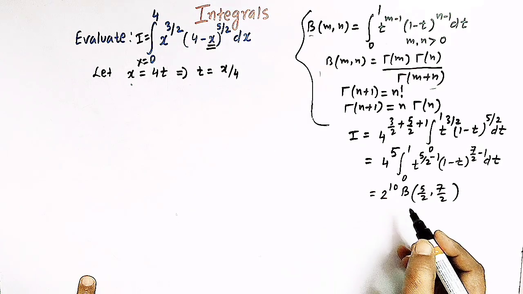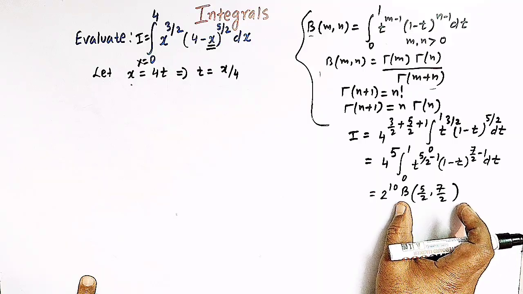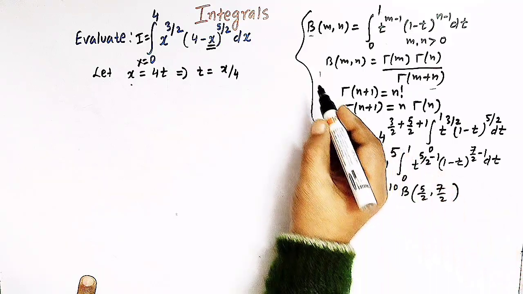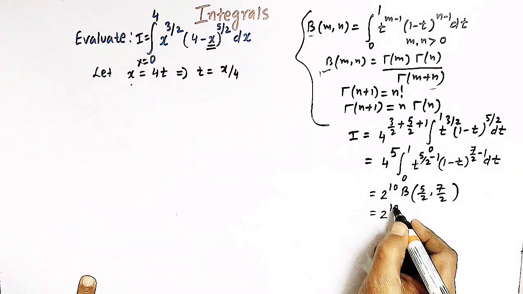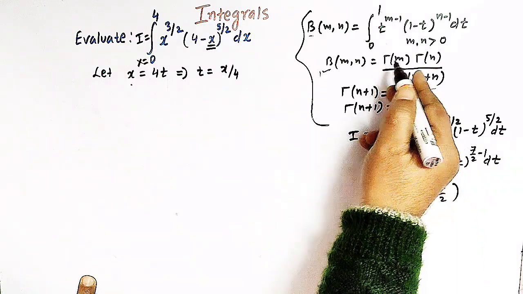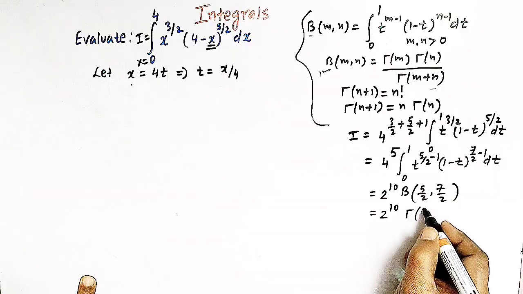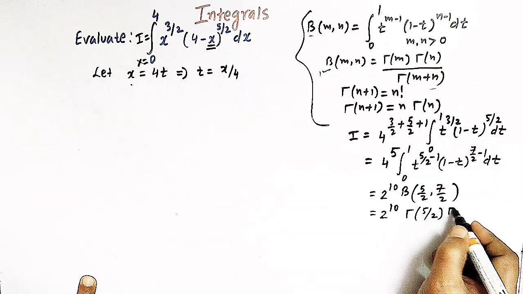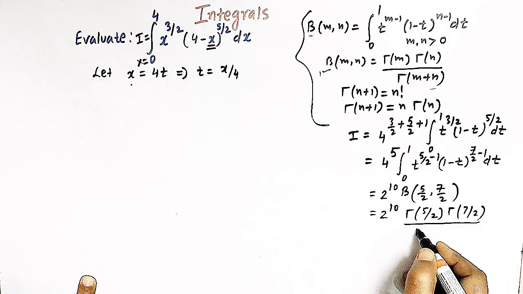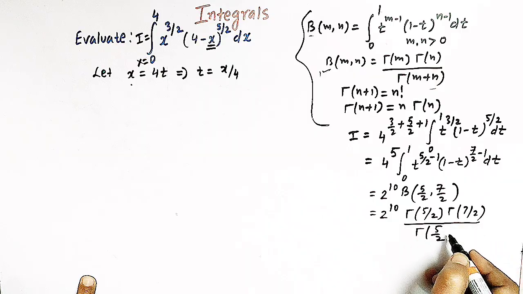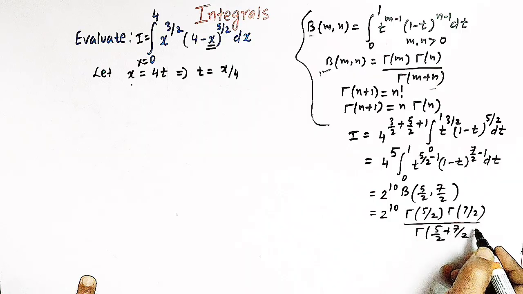So now to calculate the value of this beta function, we have to make use of this result. So we have 2 raised to 10, then we have gamma m, gamma m is gamma 5 by 2, then we have gamma 7 over 2 divided by gamma 5 over 2 plus 7 over 2.